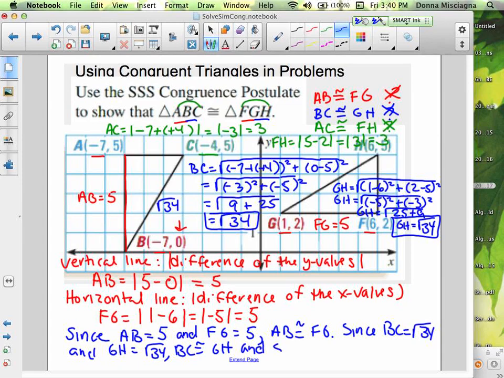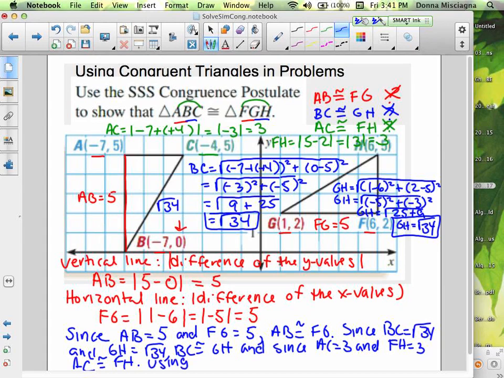and since AC equals 3 and FH equals 3, AC is congruent to FH using side, side, side.